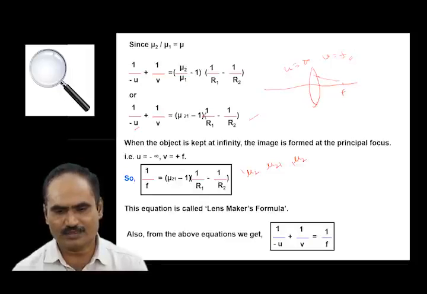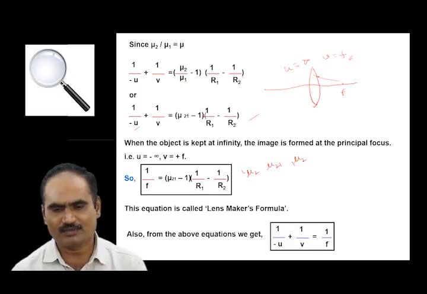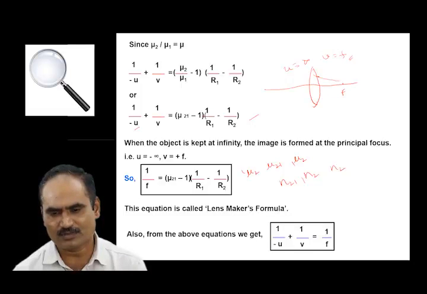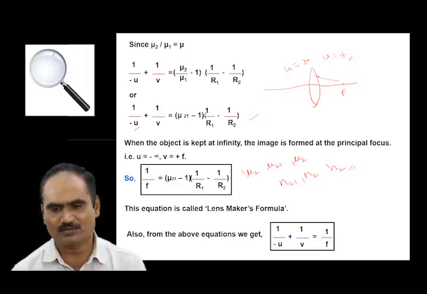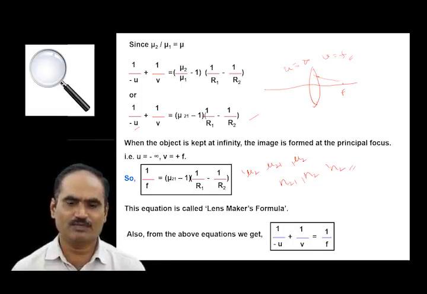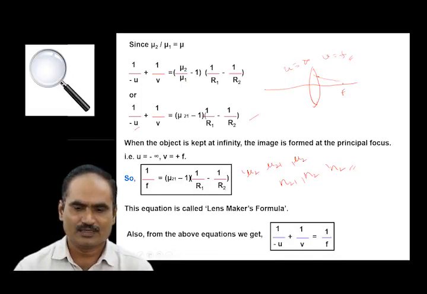You can write it in any manner, and sometimes different question papers also have these kinds of things. Even instead of mu, some people may write n2 with respect to 1 like this, or n2 with respect to 1 also like this, right? So it's all one and the same. Whichever it may be, you can take that, right?